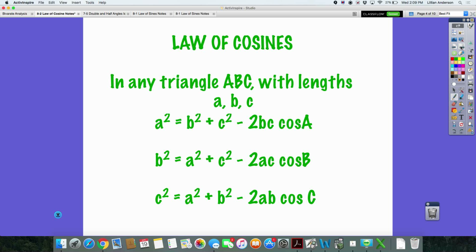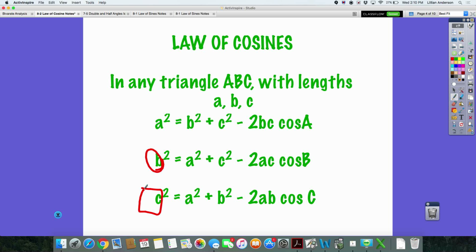Just whichever angle you have or side, it just switches whatever side you're looking for. So if you're looking for side b, then it'll be b squared equals a squared plus c squared minus 2ac cosine B.